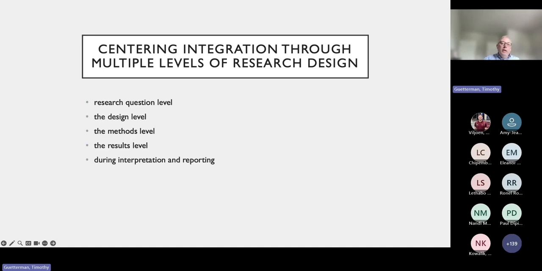What we really believe is that what's helpful is centering integration, so keeping that at the forefront across multiple levels of research design as you're approaching your study. So I want to talk about five of these levels: the research question level, the design level, the methods level, the results level, and then during interpretation and reporting.